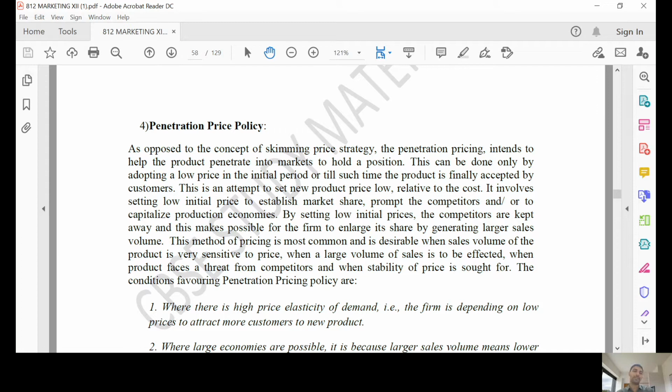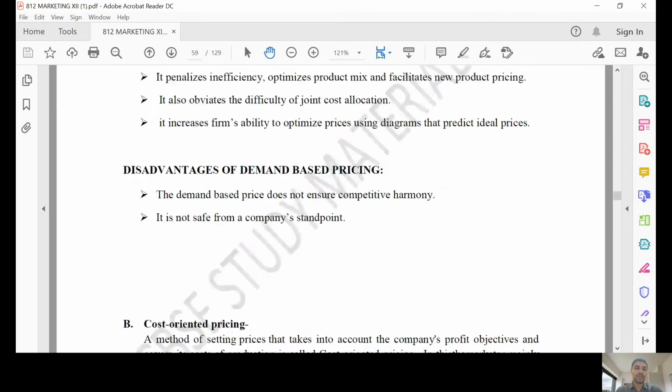If the company sees that everybody is buying, the product is slowly getting more awareness. What will the company do? They will slowly increase the price. That is the penetration pricing policy.